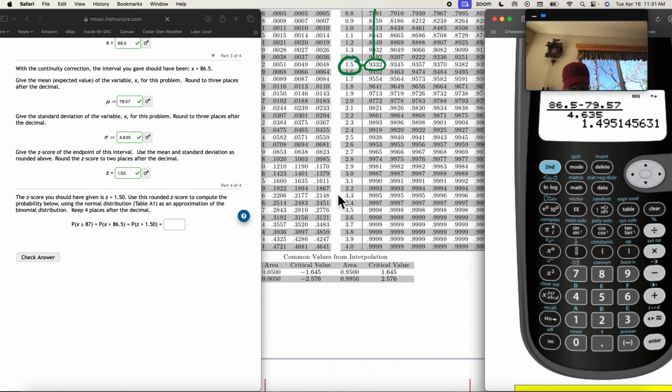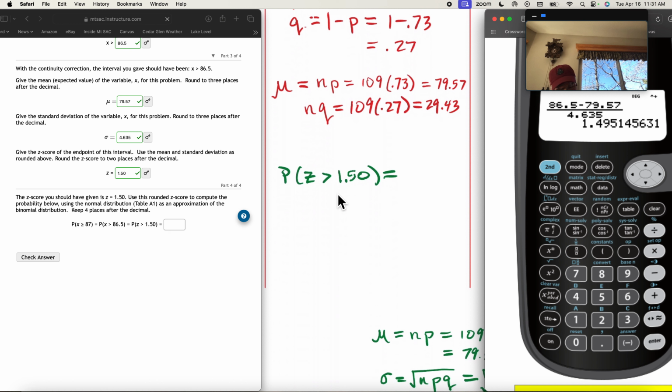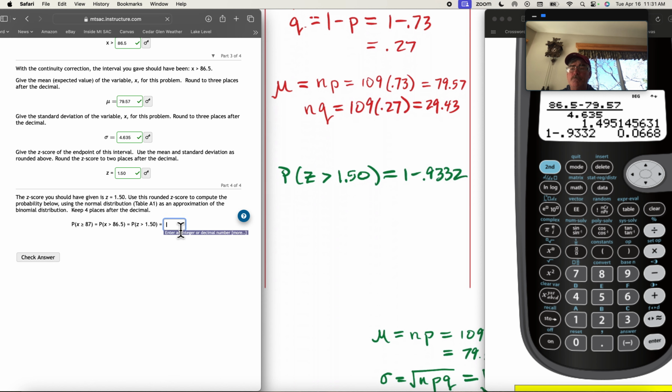So what was it, 0.9332? We're going to do 1 minus 0.9332 and do that on the calculator real quick. 1 minus 0.9332. And so that's 0.0668. That should be the answer to the problem.